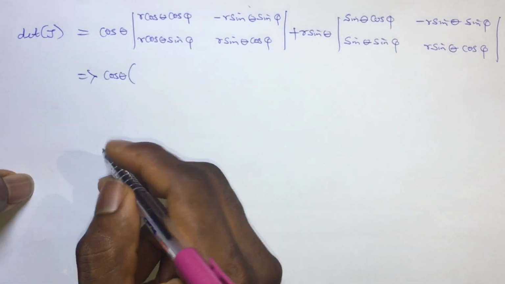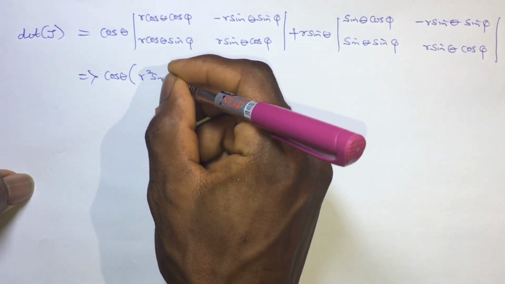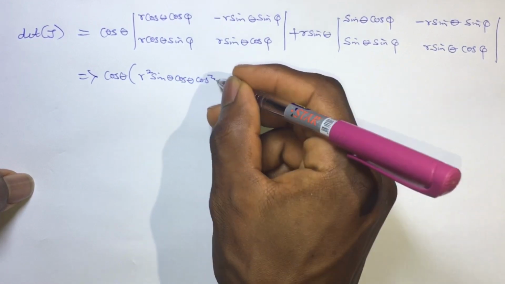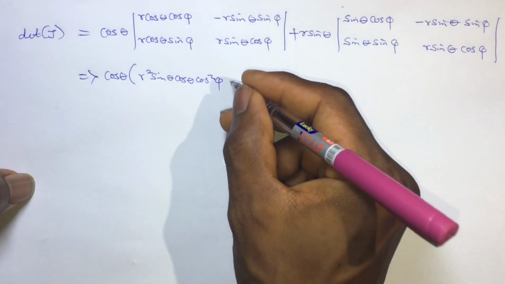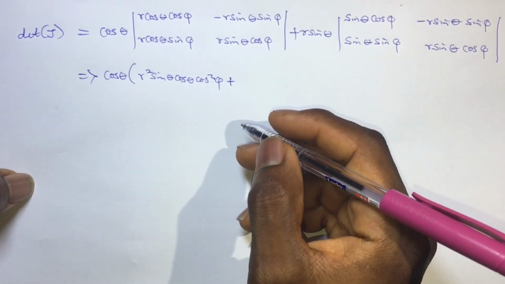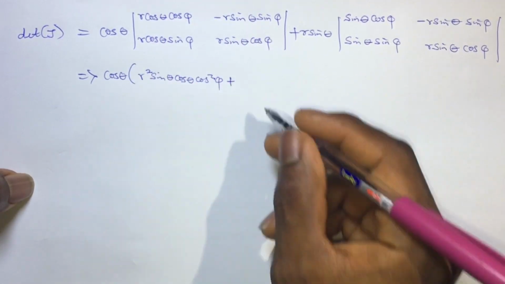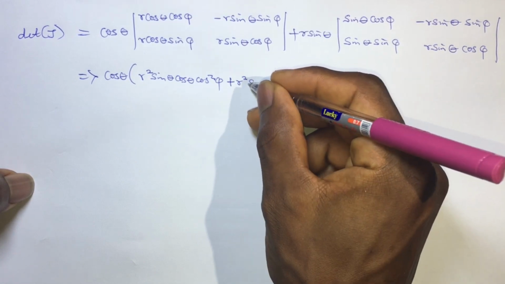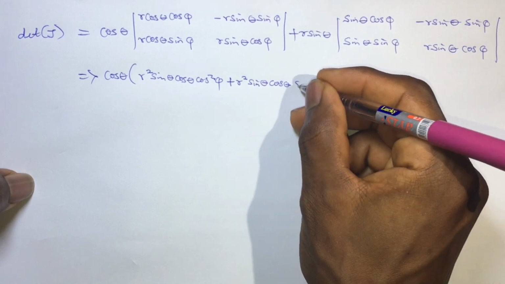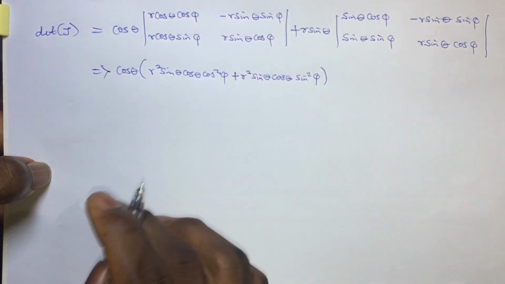Looking for the determinant of this matrix, we therefore have r squared sin theta cos theta cos squared phi. Now minus, because of this negative here, it turns to positive. Now looking for the product of these two, we then have r squared sin theta cos theta sin squared phi. Now that is that for that.